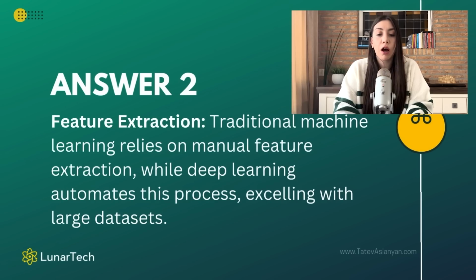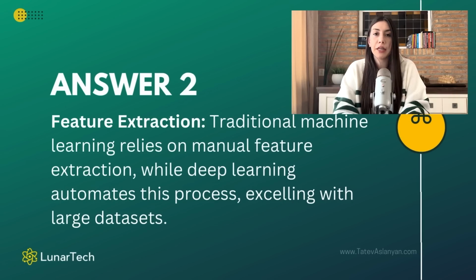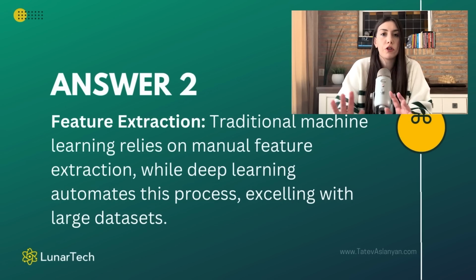Then do point out that the first biggest difference is that traditional machine learning models rely on manual feature extraction, while deep learning models do this automatically. They automatically take the input data as it is. We don't need to perform feature selection.